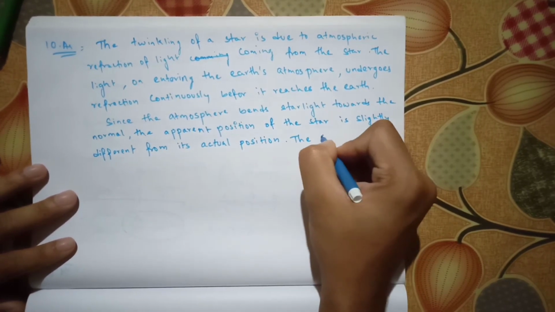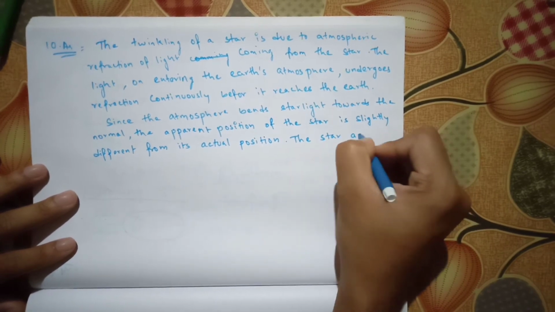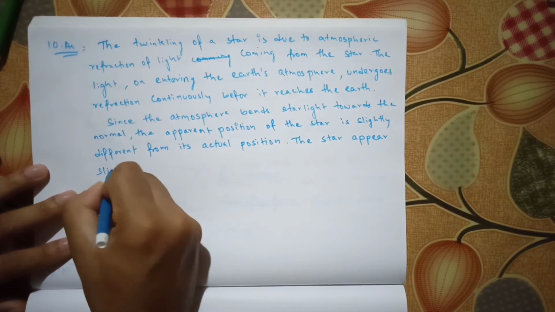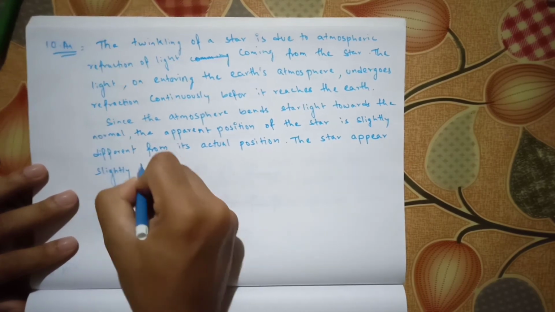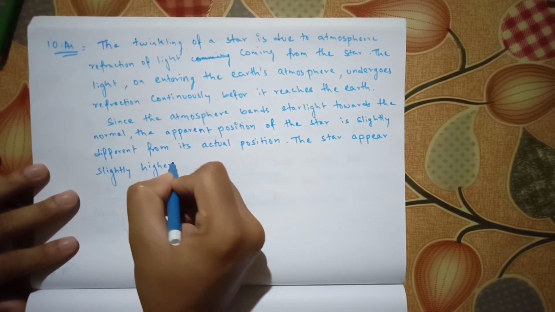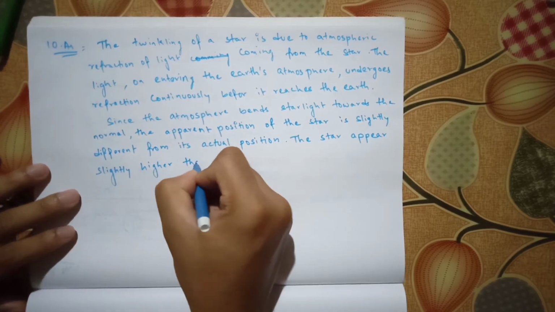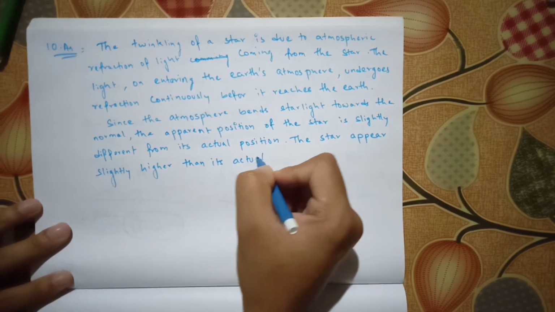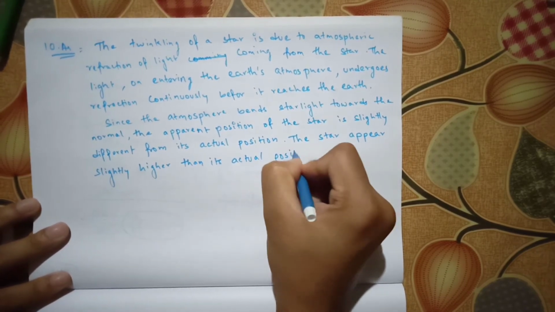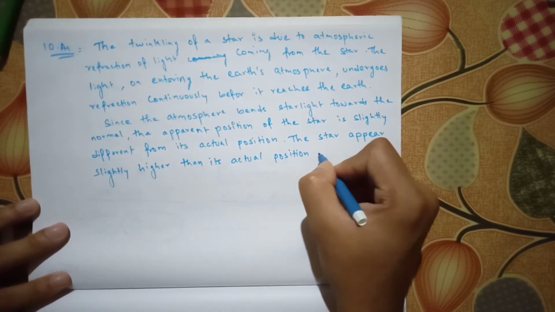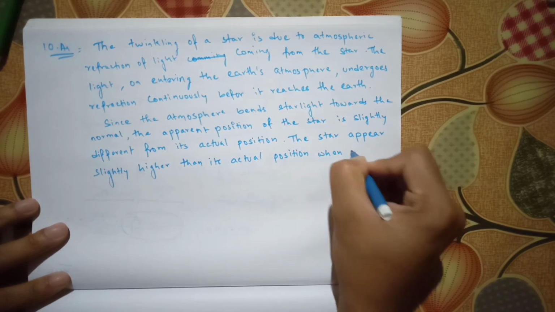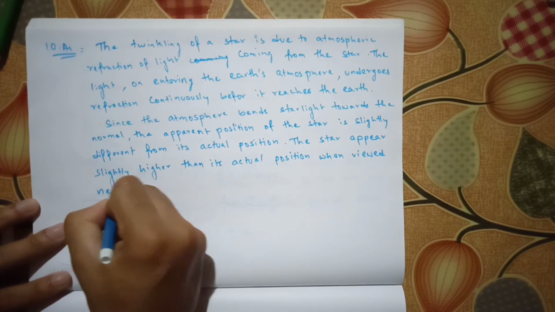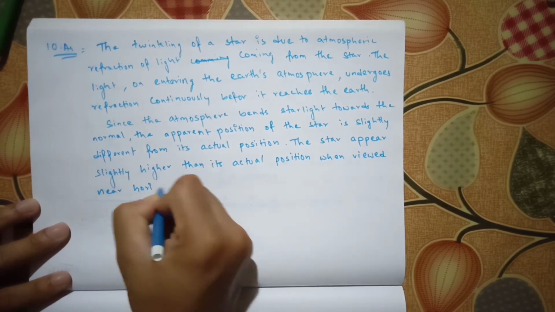The stars appear slightly higher than their actual position when viewed near the horizon.